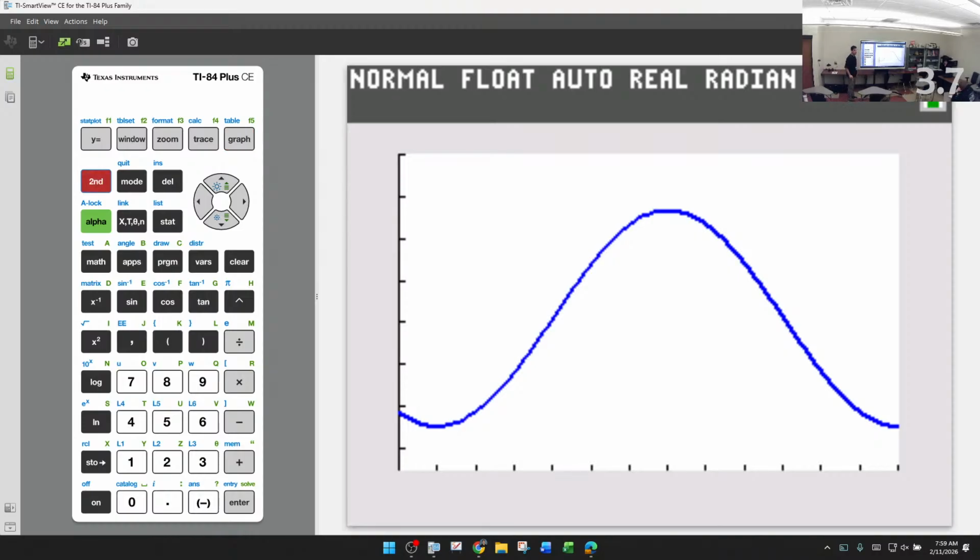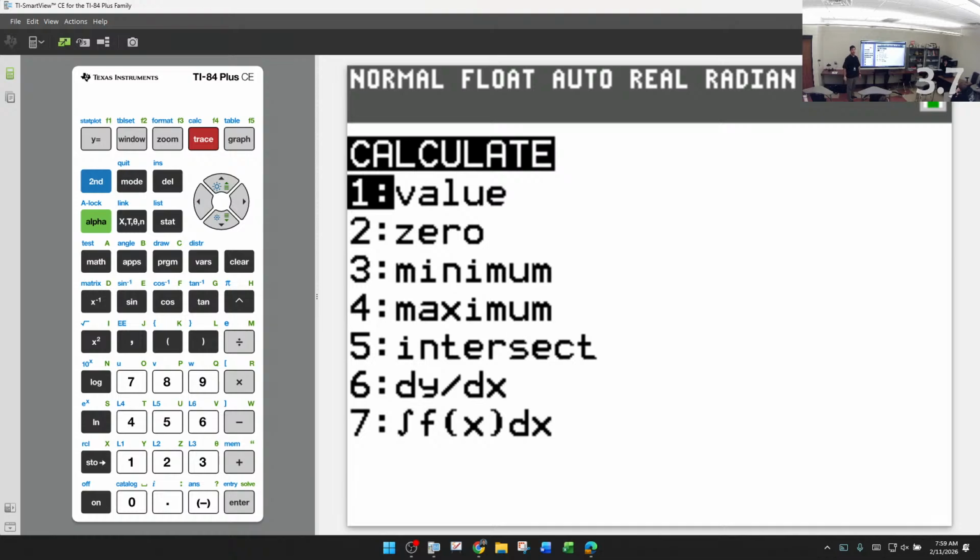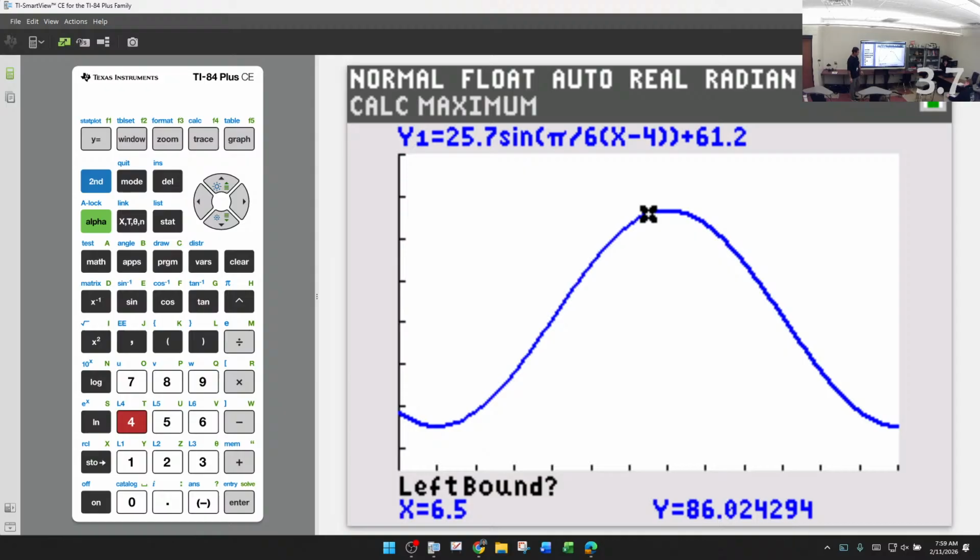Second, don't ever use trace. I wish trace was not a button on these stupid things. Calculate, hit second trace. Max or min, we know the midpoint, so I would do the max or do the min. I'm going to do the max first. I'm already to the left of it.